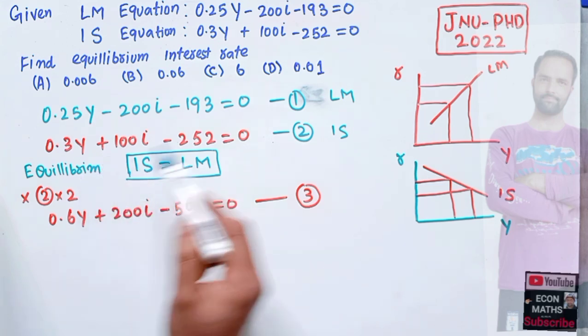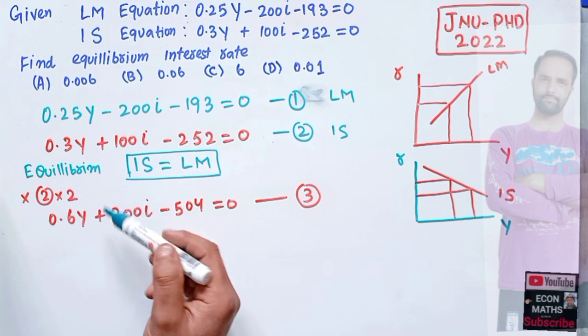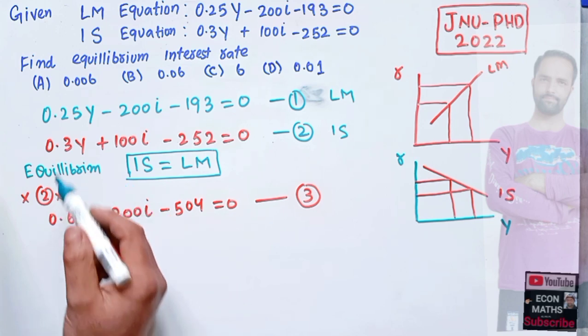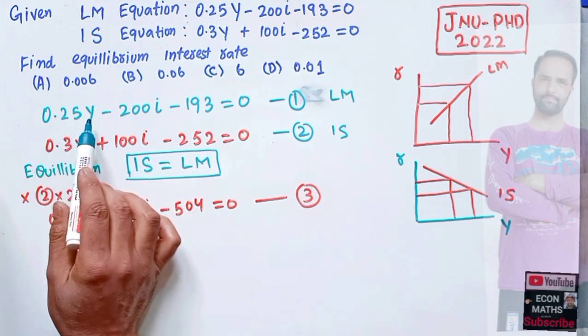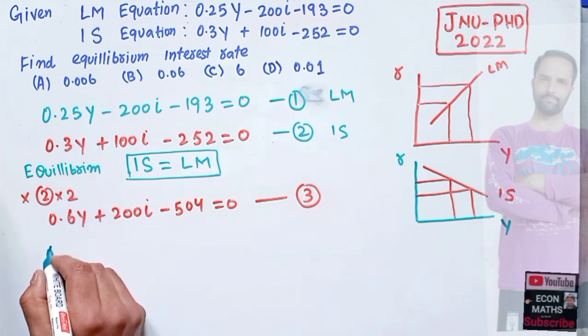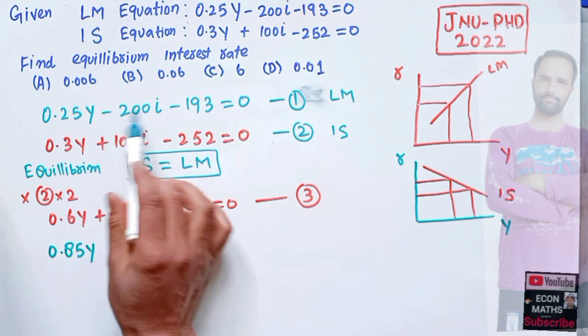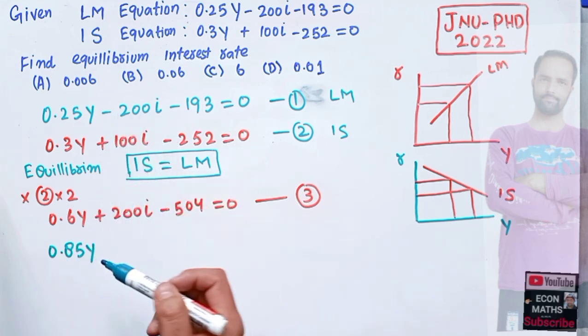Now we can add the first equation and the second equation. If we add these two equations, what will we get? So we have 0.25y plus 0.6y, it will become 0.85y. Minus 200i plus 200i will get cancelled.